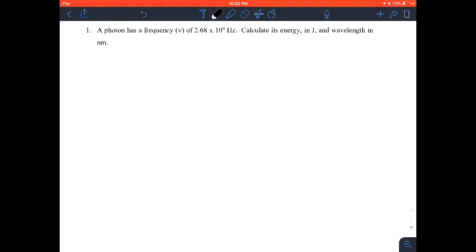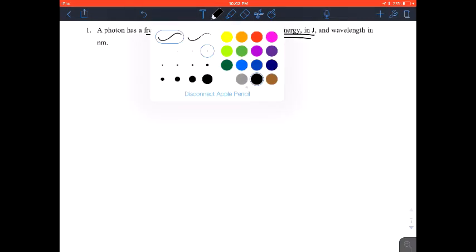So we have frequency equals 2.68 times 10 to the 6 hertz. We need to calculate its energy in joules, and then its wavelength in nanometers.